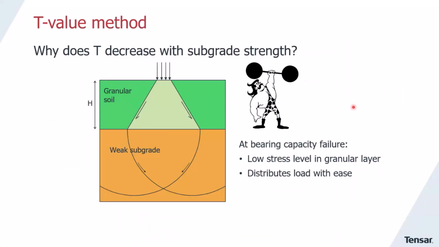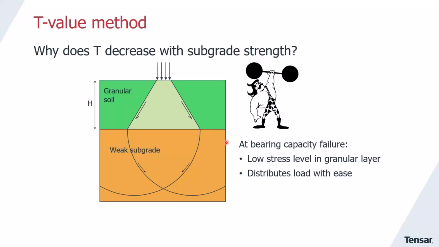Now, the T-value method, as I mentioned earlier, what is it exactly, or what is this T? Well, the T represents, in a simplified way, the transfer efficiency of the loads through a granular layer. And the mechanism that we see is that the transfer efficiency decreases when the subsoil is strong. Now, why is that?